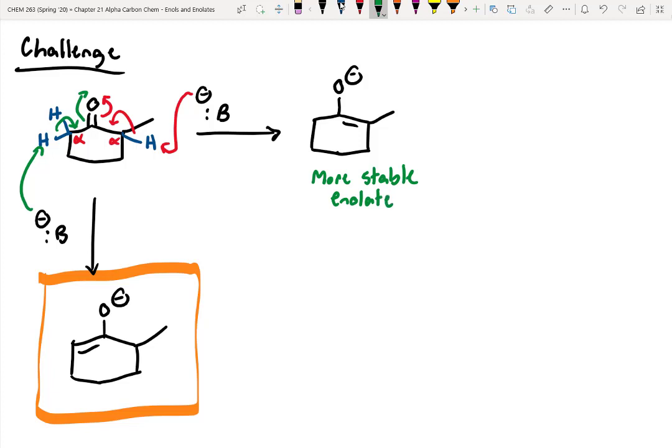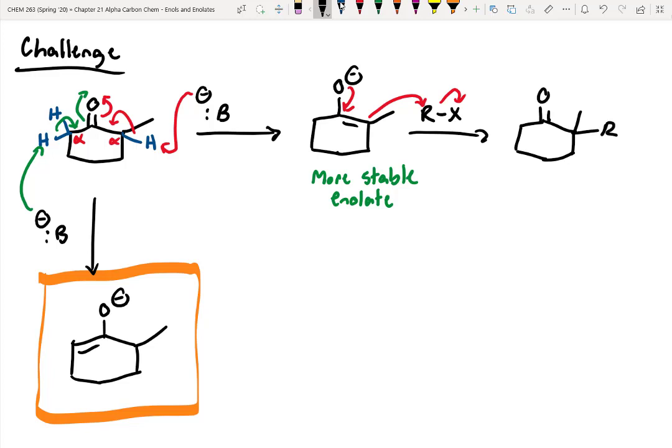And we could imagine that in the next step, if we have some sort of alkyl halide, this negative charge can clamp down, and we could do our SN2 chemistry, where we could get our R group installed off of that side.